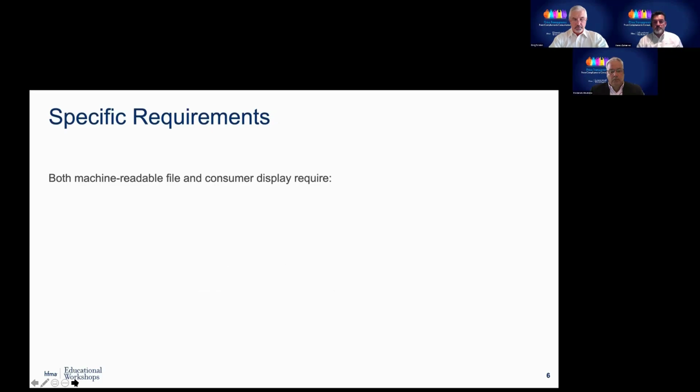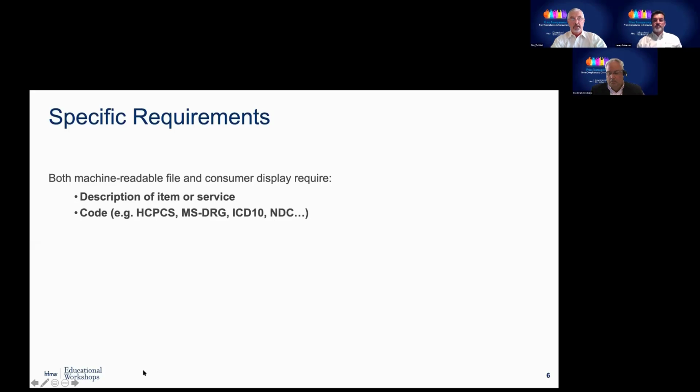If we move on to the specific requirements for both the machine-readable file and the consumer display, the following elements must be included: a description of the item or the service, the specific code, and that could include HCPCS, MSDRG, ICD-10, NDC, for example. The de-identified lowest and highest negotiated rate.